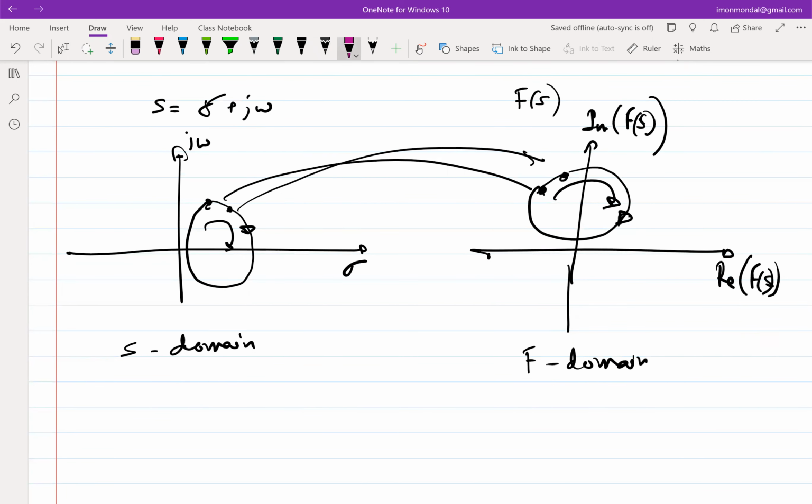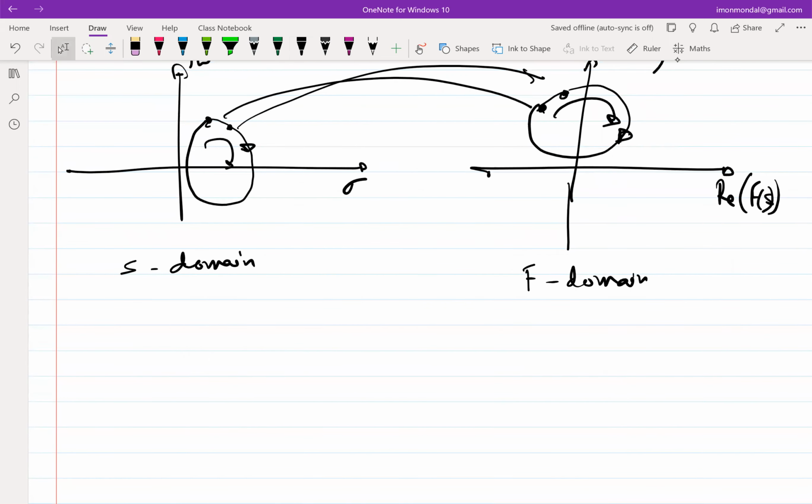So why is this useful to us? This is useful because ultimately what we are looking for is whether our system is stable or not. We know that our system is of this form, L by 1 plus L, where L of s is a complex number.